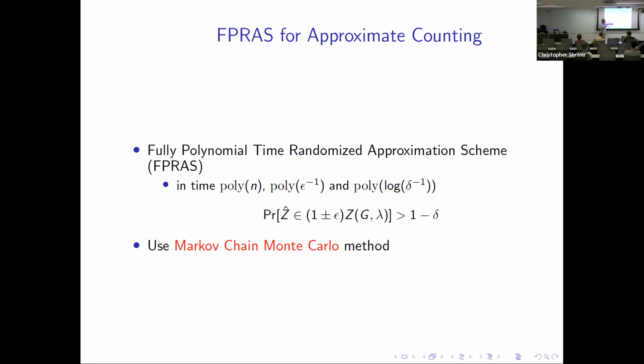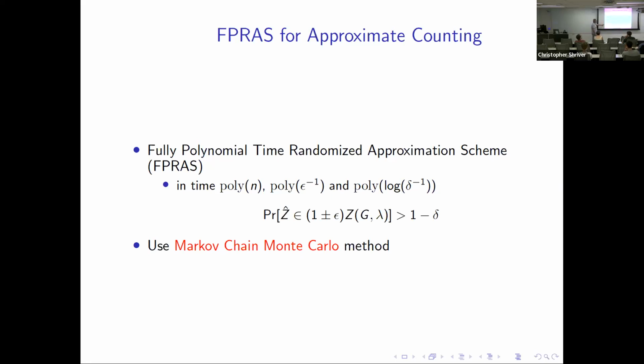And we get this estimate in time which is polynomial in n, the size of the underlying graph, 1 over epsilon, and log of 1 over delta. As we said yesterday, the randomized algorithms focus on generating approximate samples from the Gibbs distribution so that they can estimate the partition function.